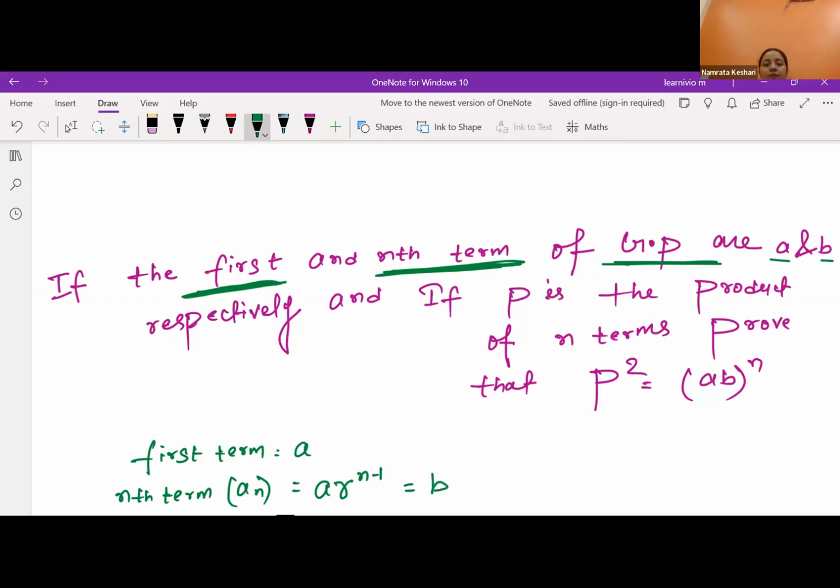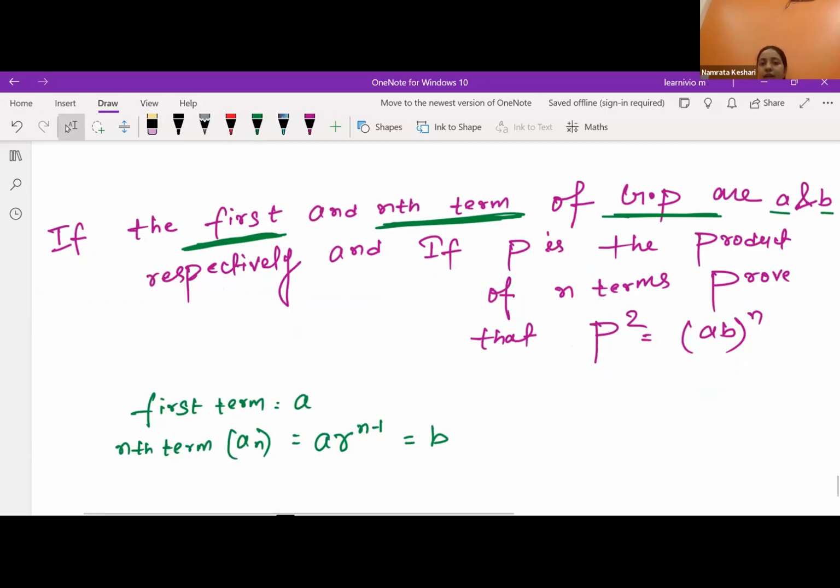Yes, ma'am. Okay, so far we are getting it. Now in the question it is written that P is the product of n terms. Product means multiplication. So P is the product of n terms.